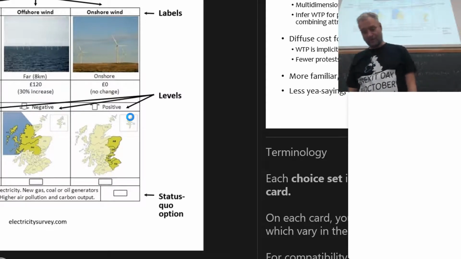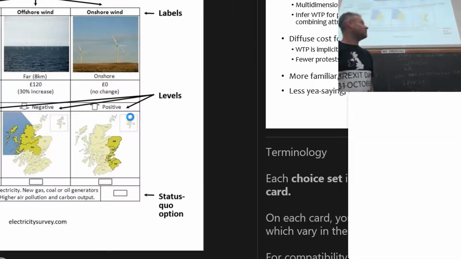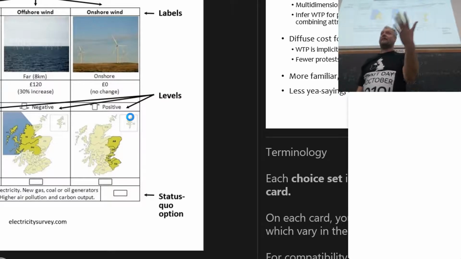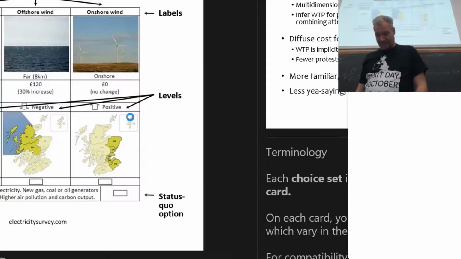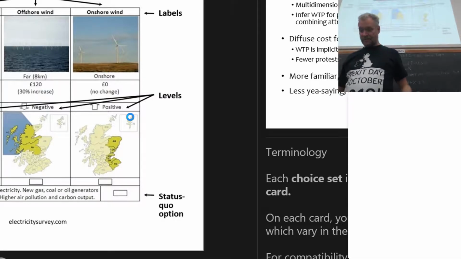Distance from shore, the price, location, impact on wildlife. And then all of those attributes have different levels, right? Maybe very negative, negative, neutral, positive, very positive in the case of wildlife. So that is what the interviewer thinks, or the survey designer thinks.